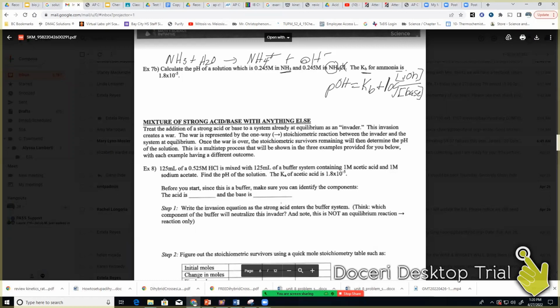That way I didn't have to change my Kb to Ka. So I did pOH is equal to 1.8 times 10 to the negative fifth plus the log of my ion from my salt, so it would be my 0.245, and that would be over, oh, they both are.